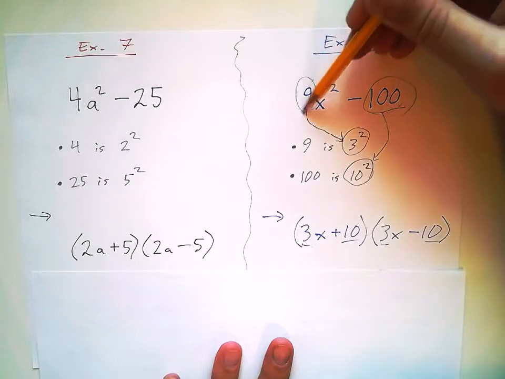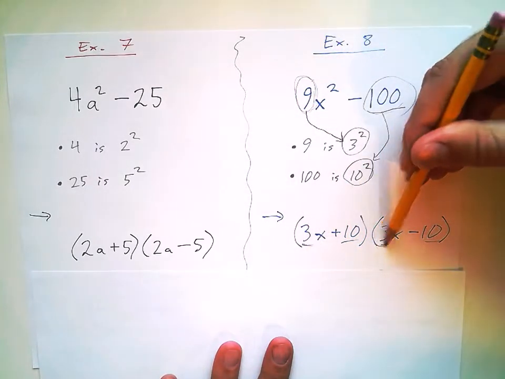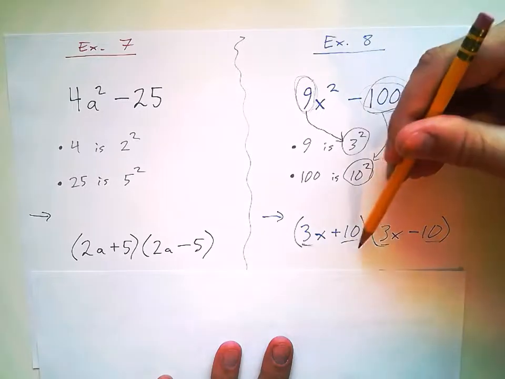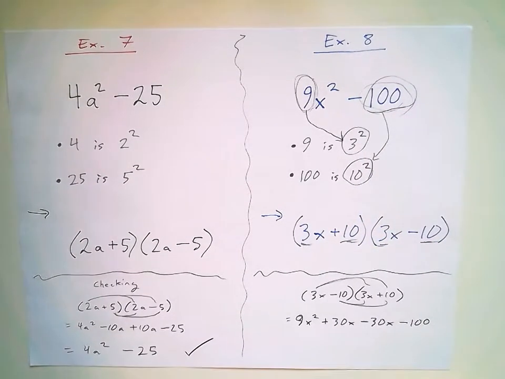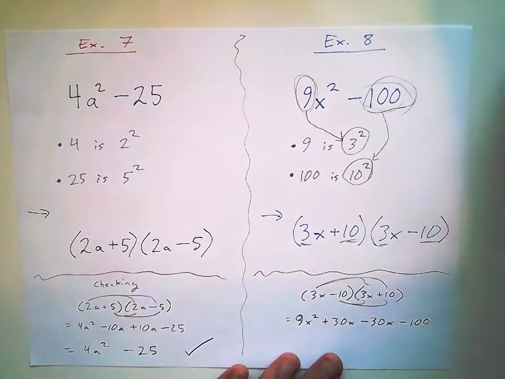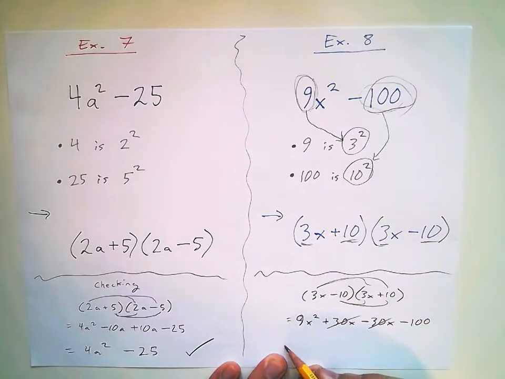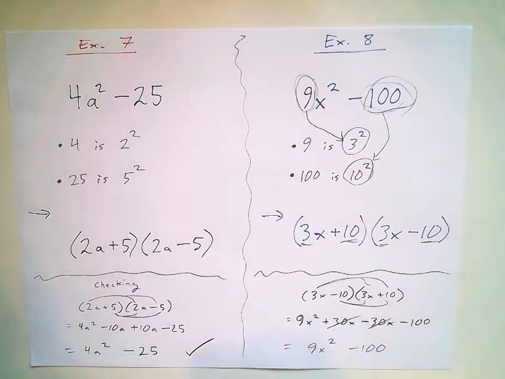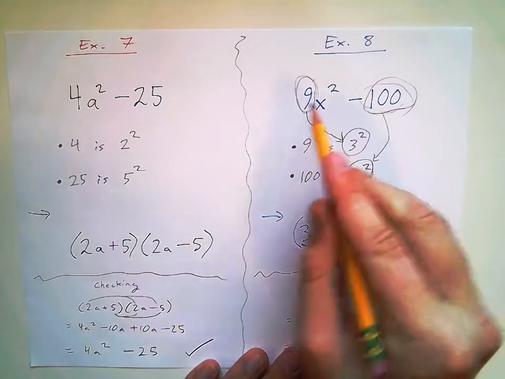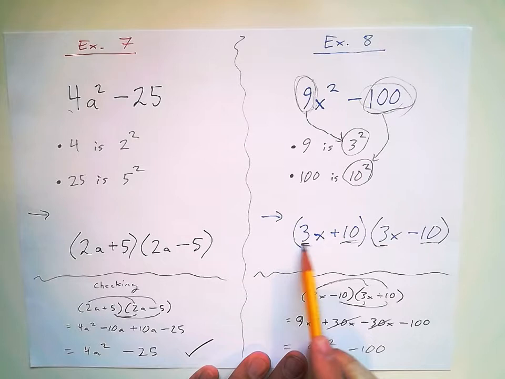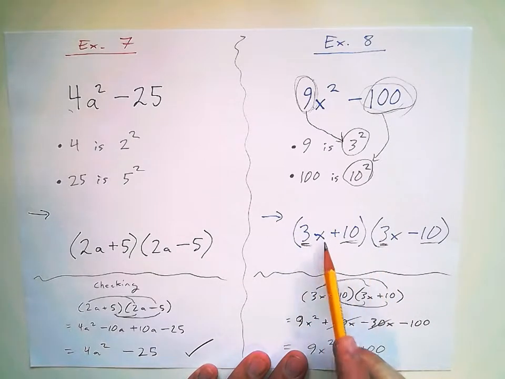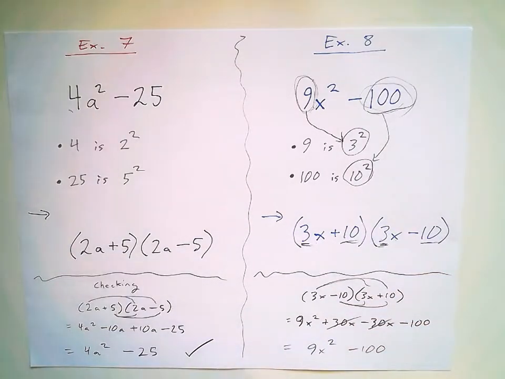So you're taking the square root of this to get those, and the square root of this to get those. And you can multiply those back out and show that that works. So it's a little more tricky when you got this number in front, but just remember all that it will change is just add a term, right, a factor with the x's in those binomials when you factor it.